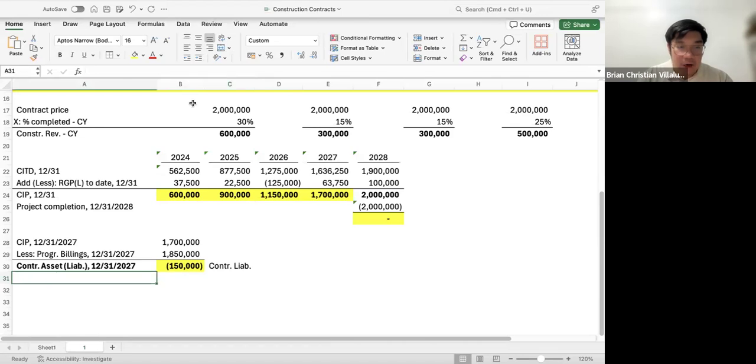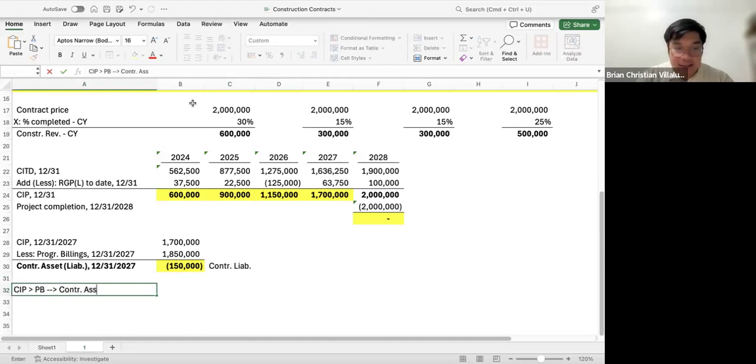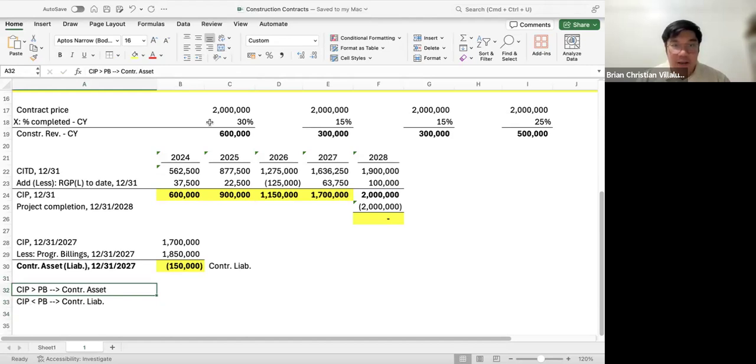Okay. So ang rule natin, if CIP is higher than progress billings, that will result to a contract asset. And CIP less than progress billings, we have contract liability. Okay? Yan. So that's for the first case of problem number 1. So in our next lecture video, we will be discussing the case number 2 of problem number 1.